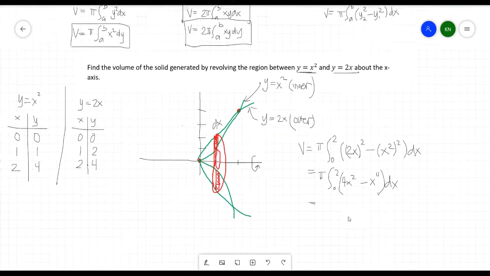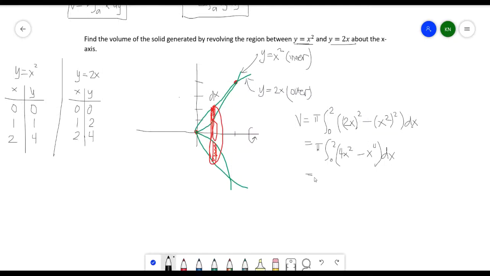So integrating our function, we have pi, then 4x cubed over 3 minus x to the fifth over 5, from 0 to 2. So substituting our limits, we have pi times 4 times 2 cubed all over 3 minus 2 to the fifth over 5, minus our 0 for the lower limit.